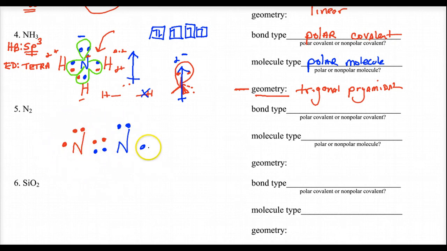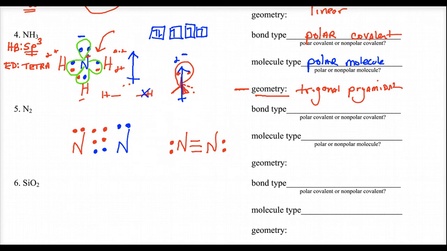This nitrogen 2, 4, 6, 7. Not going to work. We're going to need a triple bond. So I'll move this one over, and I'm going to move this one over. Easier for me to do, I know. And if you notice, everyone's stable because everyone feels like it has 8. Nitrogen, if you want to draw it, has a triple bond. Every dash is a pair of electrons. Don't forget, if you're going to be dashing, you put in the lone pairs.